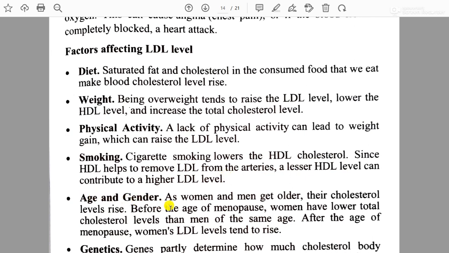Then age and gender. As women and men get older, their cholesterol levels rise. Before menopause, women have lower total cholesterol levels than men of the same age. But after menopause, women's LDL level tends to rise.